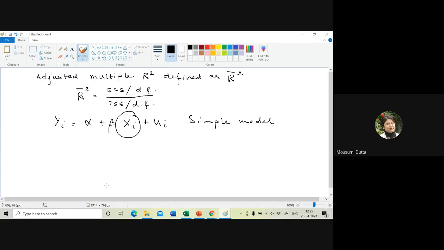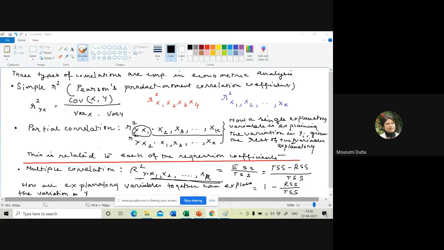Just take a note: in case of a simple regression model, simple R square is equivalent to partial R square.